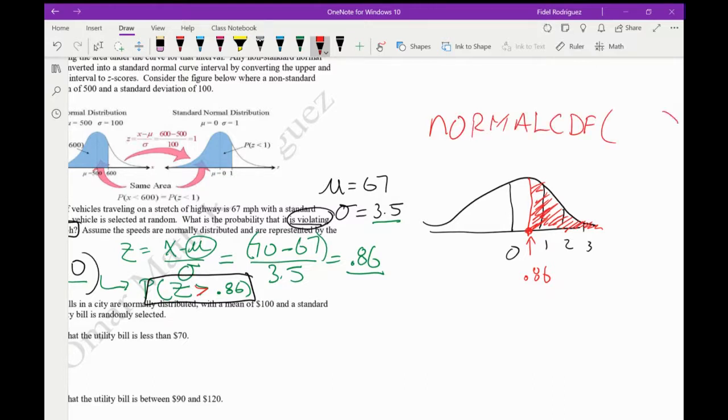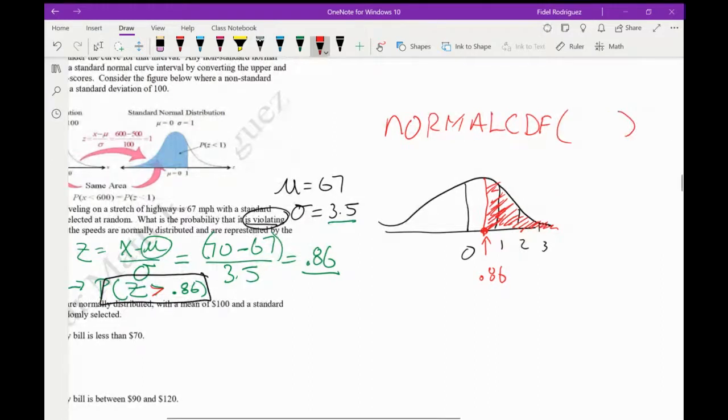So for the area to the right of that curve, I'm going to use my normal CDF, and I'm just going to look at my picture, right? When I look at my picture here, guys, I'm finding the area to the right of 0.86. Remember I'm going to have a lower limit and an upper limit. So my lower limit should be 0.86, and my upper limit should be 99999. So when I go to my calculator, let me pull that up for you guys.